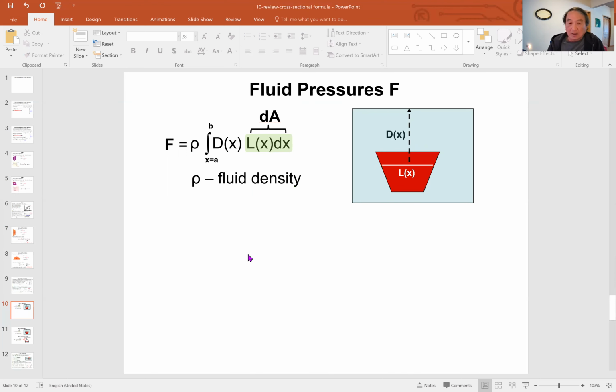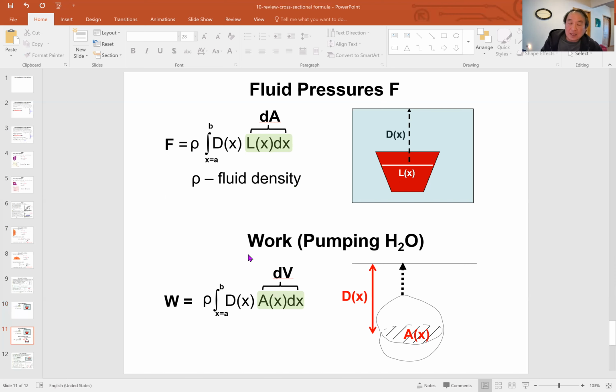So it's a constant. The other thing we use cross-sectional area for is, suppose I have a blob of water in some sort of container. I know the cross-sectional area. I set up up and down as the x-axis, and then the cross-sectional area times dx, a little bit over here, gives a slab of water, and we need to move that times the distance we're going to move.